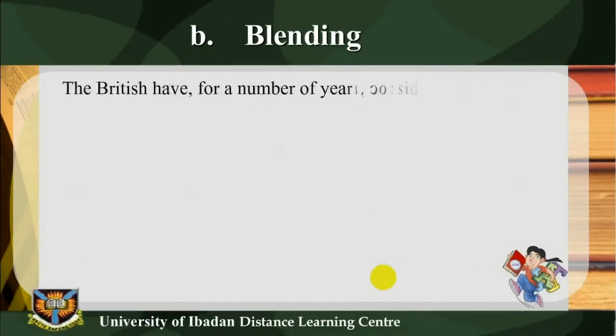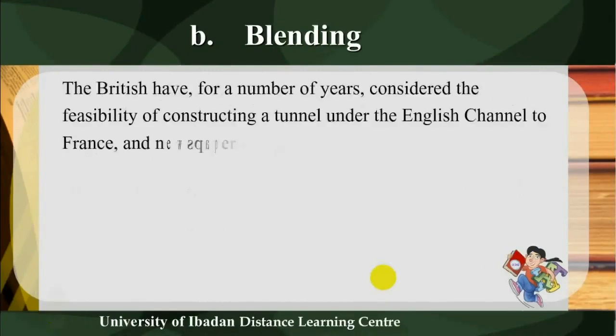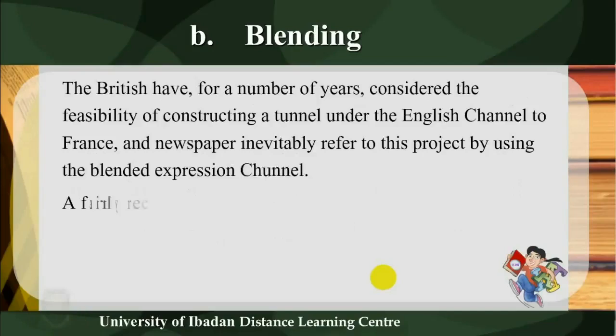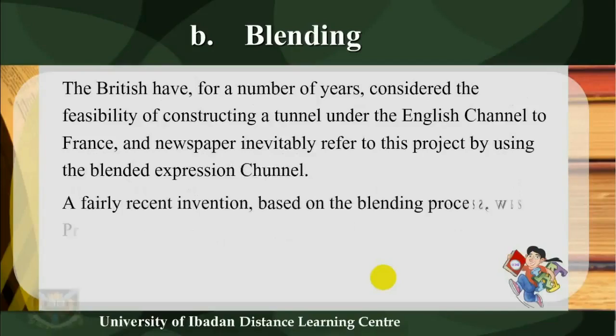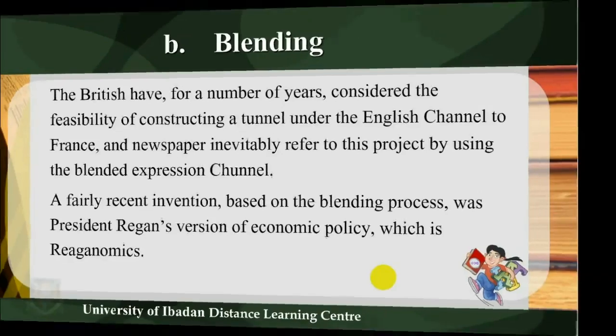The British have, for a number of years, considered the feasibility of constructing a tunnel under the English Channel to France, and newspapers inevitably refer to this project by using the blended expression Chunnel. A fairly recent invention based on the blending process was President Reagan's version of economic policy, which is Reaganomics.